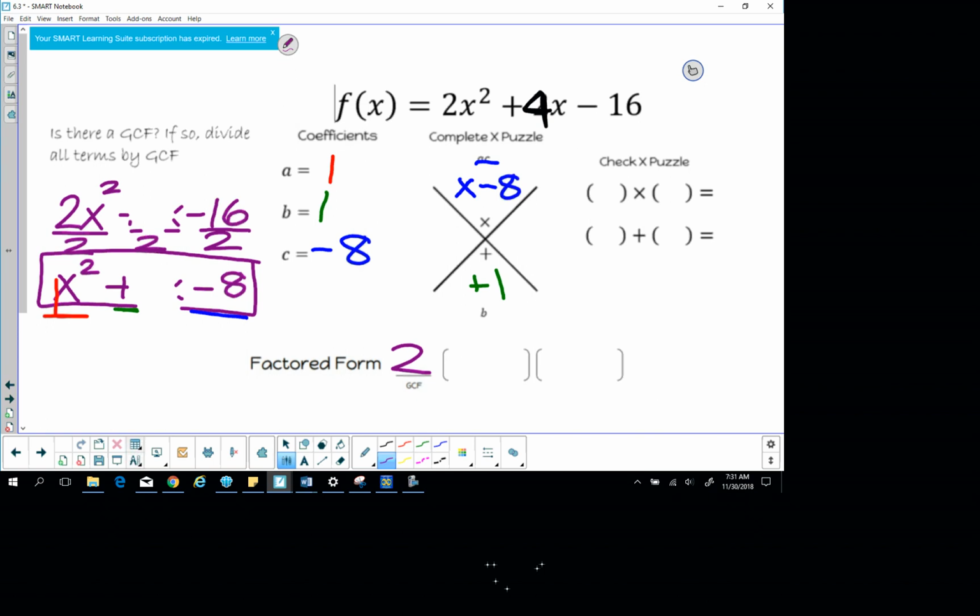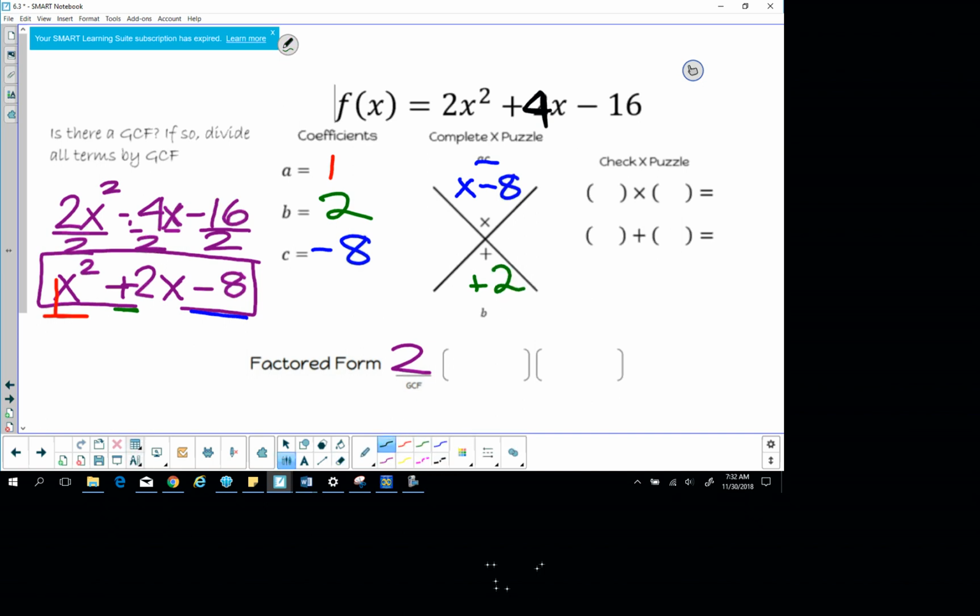So this should be 4. Yeah, and so when you divide it, it should be 2x right here. I put a different question on here than what's on your paper. This was wrong. So my b is now 2, which is correct.